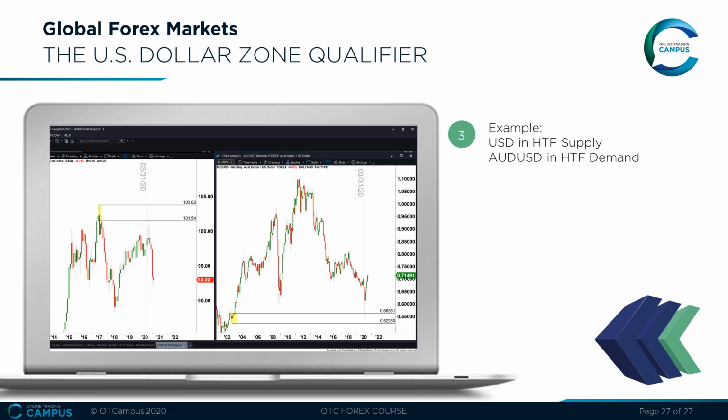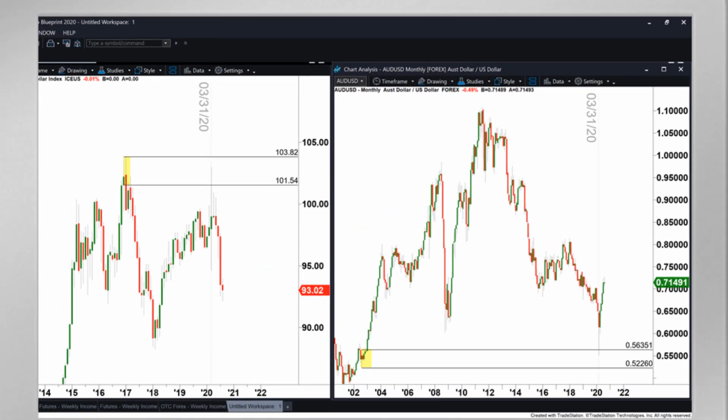Here you can see a good example within the same time frame we looked at the Euro USD before. During the end of March, beginning of April 2020 timeframe, as you can see, the Aussie dollar is reacting to monthly demand, while the US dollar is reacting to monthly supply.